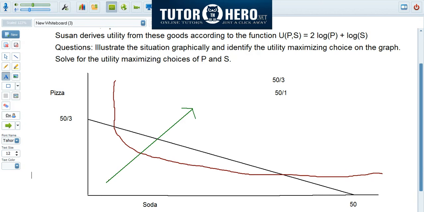Now we ask ourselves, what does a utility maximizing choice look like? Well, consider the indifference curve that we drew to start with. Now, ask yourself, could the person do any better than that? And the answer is yes.